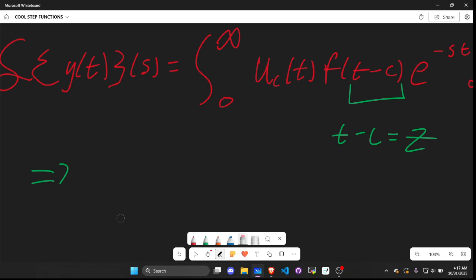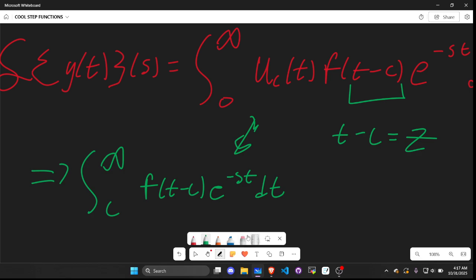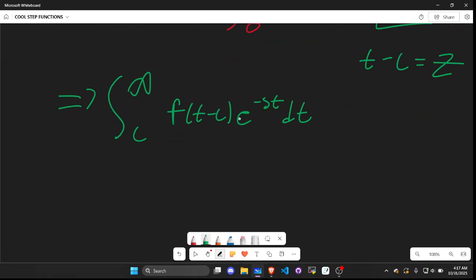Actually, I missed a middle step. Let's rewrite it as the integral from c to infinity of f of t minus c e to the negative st dt. This is equivalent to that. You can see it right away. Sorry, I should have written the middle step earlier, because now when we do a change of variables, the c will go back to 0. And the reason for that, you'll see in a second.